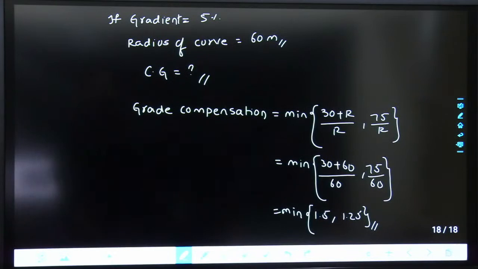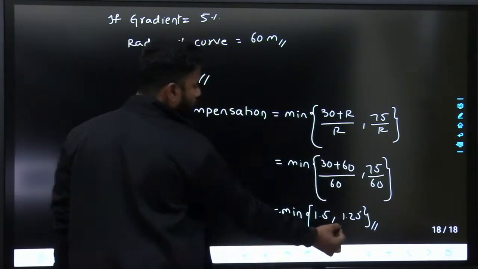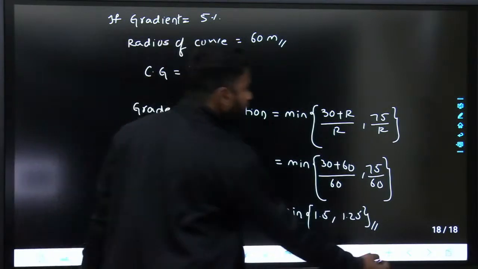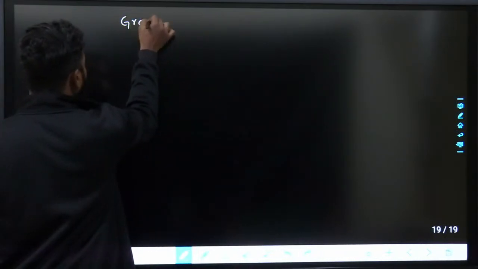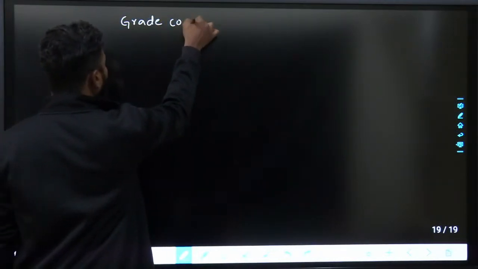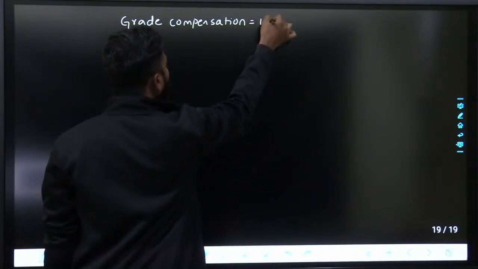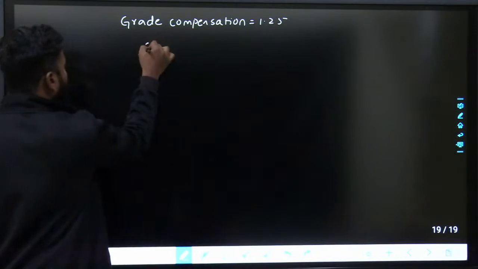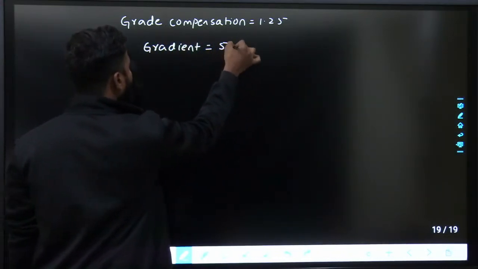Fine. So people have given that as 4%. Radius of curve is the same. It is not going to change. The minimum of these two things is 1.25. So grade compensation is 1.25 and the gradient that is given to you is 5%.